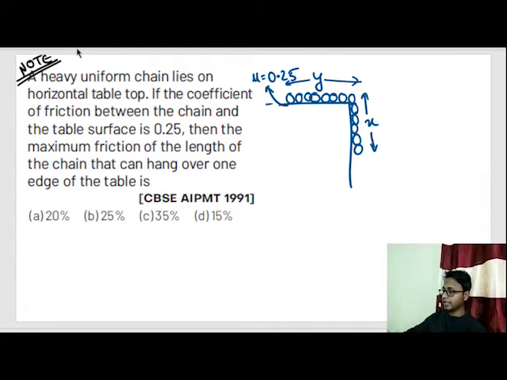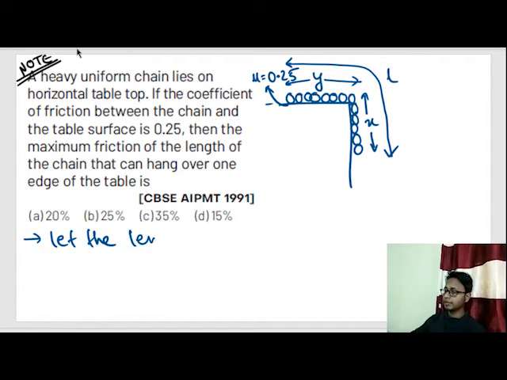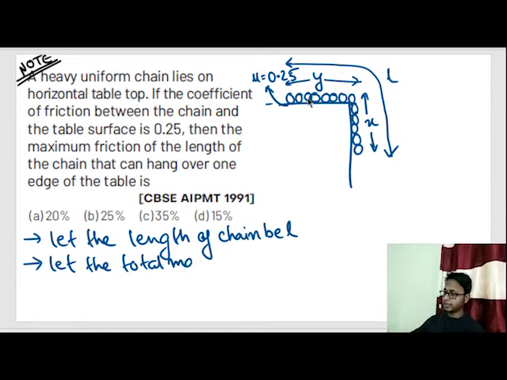The length of the entire chain is L. So let the length of chain be L. Let the mass of this chain be M. That means let the total mass of the chain be M.